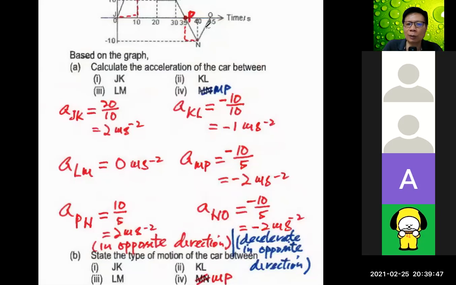Getting slower means deceleration, so it's negative. The gradient is 10 divided by 5, with a negative, so negative 2. The answer is decelerate, but in the opposite direction. This one is accelerate in the opposite direction. This one is decelerate in the opposite direction.